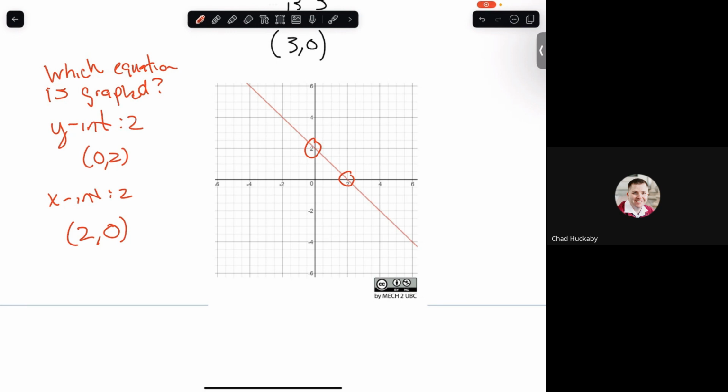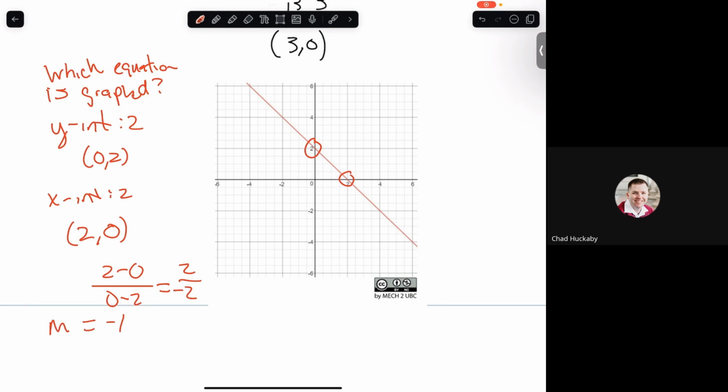And I don't think that'll be too bad for us. Let's use the first point as x2, y2. So we do 2 minus 0 over 0 minus 2. And that gives us 2 over negative 2, or negative 1. So our slope is equal to negative 1.